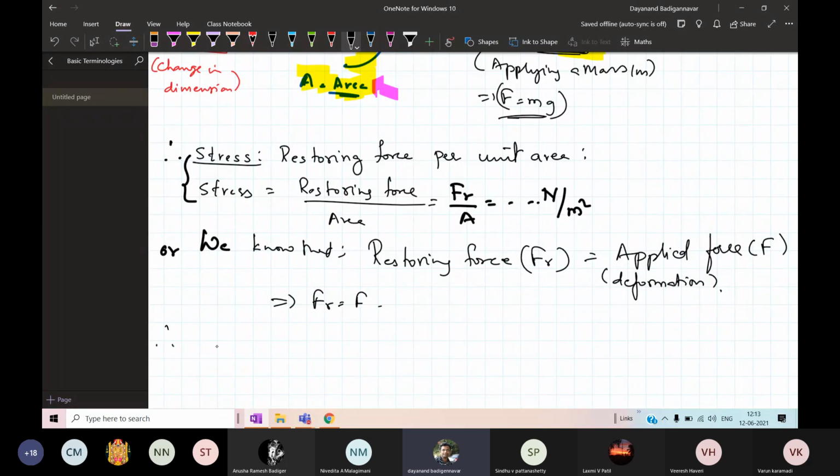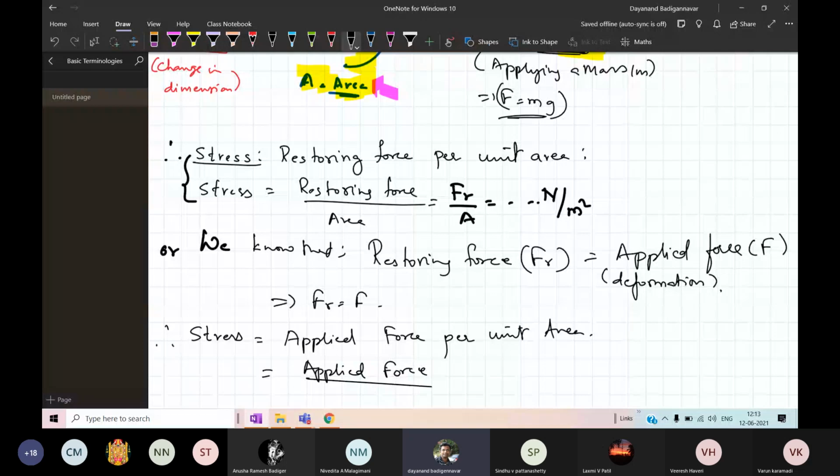Therefore, I can write stress as the applied force per unit area. So therefore I can define what is applied force, divided by area.